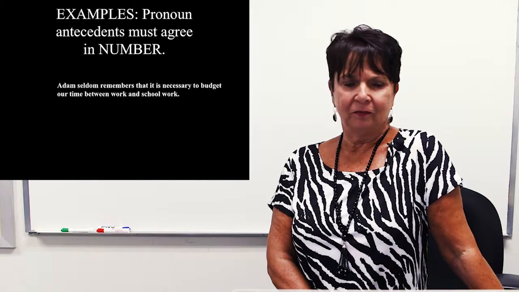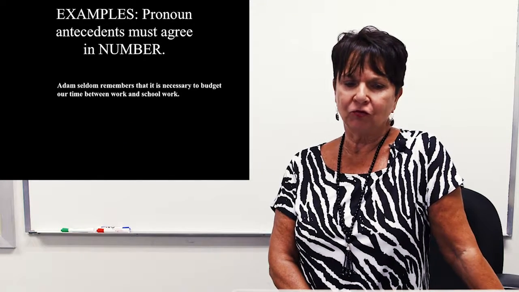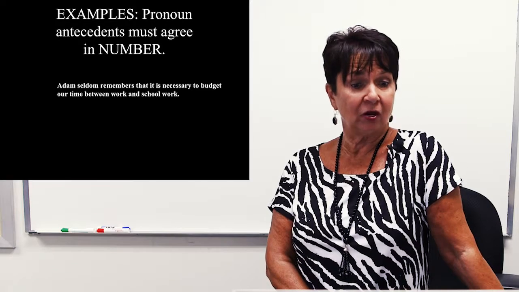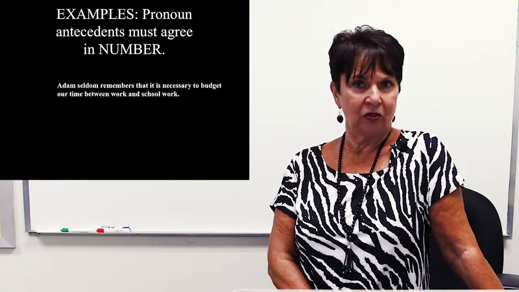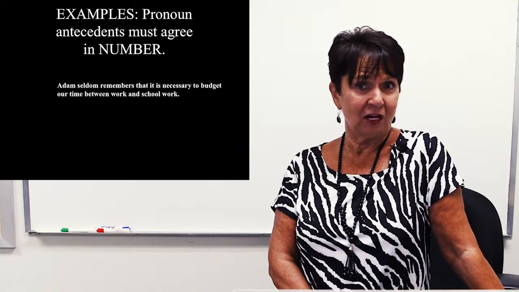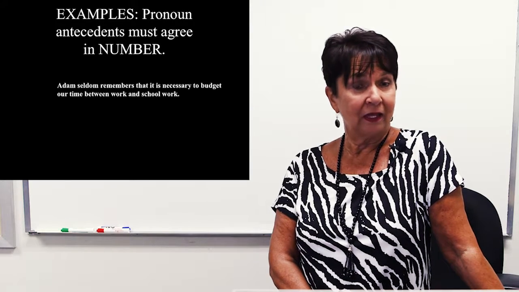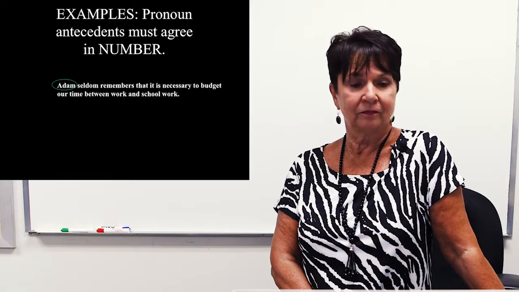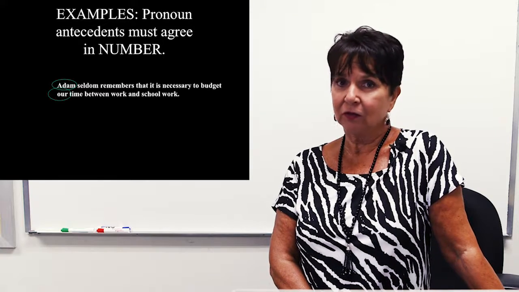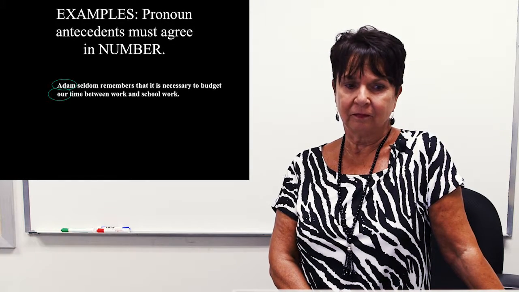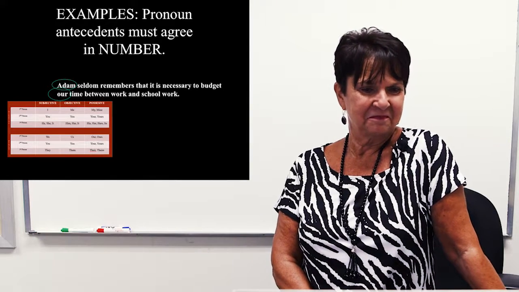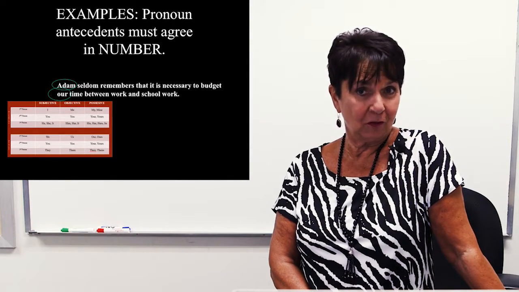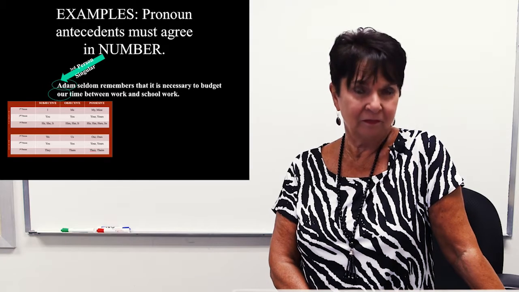A third example. Adam seldom remembers that it is necessary to budget our time between work and schoolwork. This one you should look at carefully because I think you have it now. Adam is a noun. Our is a pronoun. Take a look at the chart. Adam's third person singular.